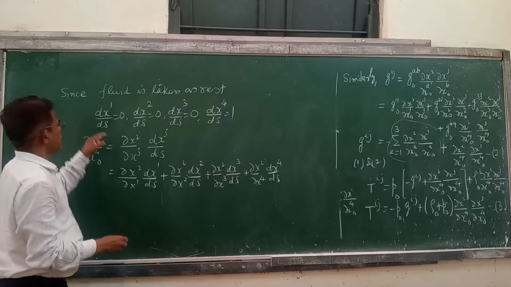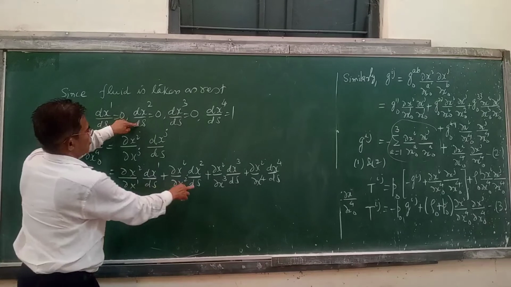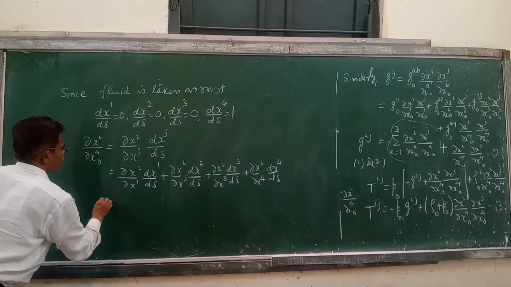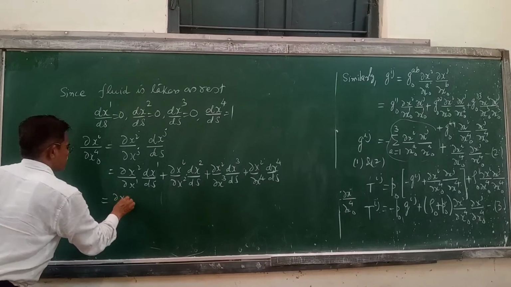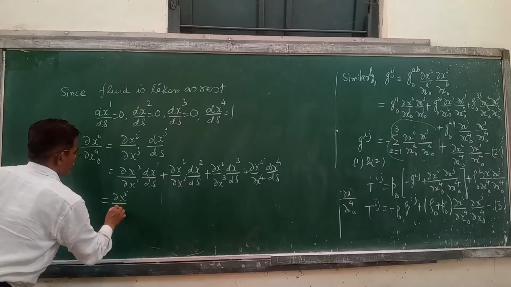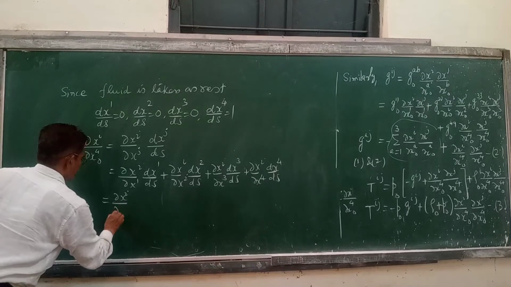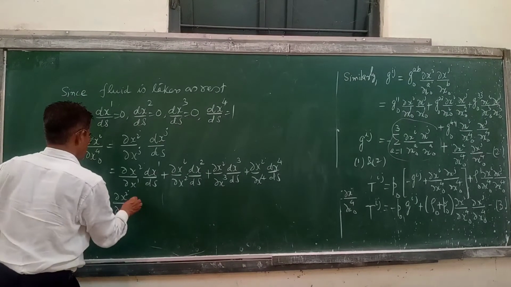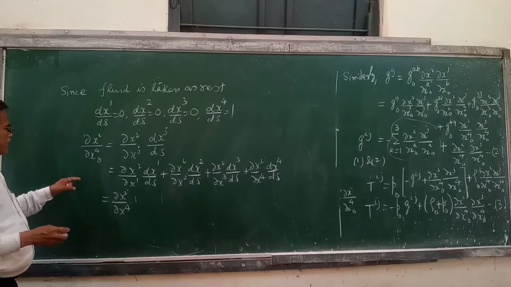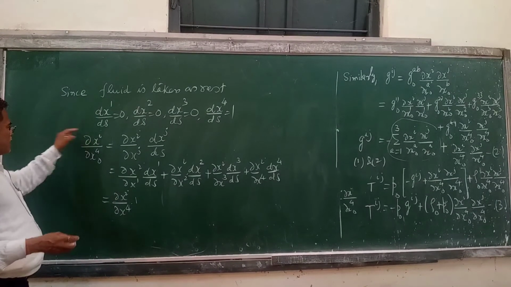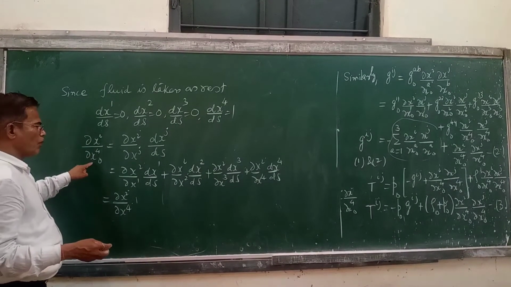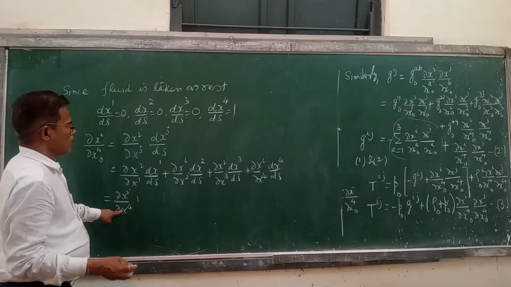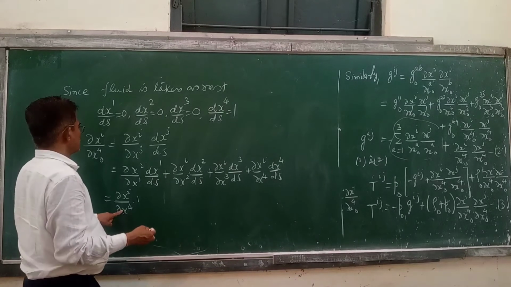Since these three are equal to 0, it means this would be del x I upon del x 4 dx 4 upon ds, and dx 4 upon ds is equal to 1.